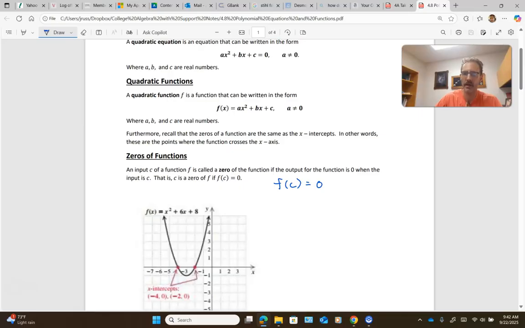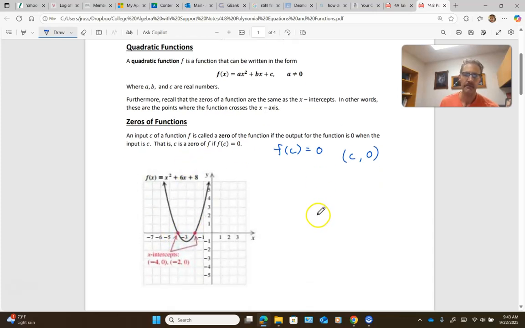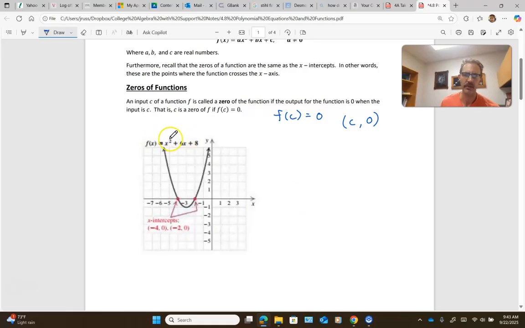Geometrically, that means that the point associated with that 0 for y, or for the function, is an x-intercept. So here we've got this quadratic function, x squared plus 6x plus 8. If you set it equal to 0 and solve for x, we can look at the graph and determine that we arrive at values of -4 and -2.